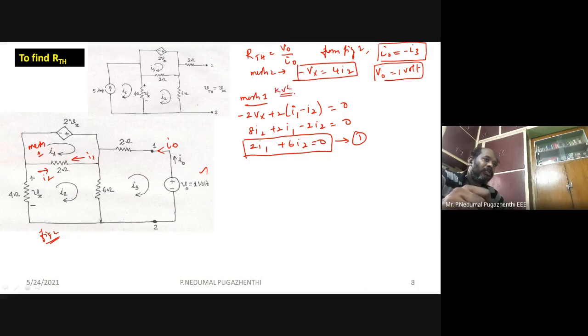All these equations are written based on KVL, which is equal to 0, because the algebraic sum of the voltages will be equal to 0. That is what KVL mentions. I already have the relation minus Vx is equal to 4 into I2, which I got from my second mesh. Substituting that, I get 2 into I1 plus 6 into I2 is equal to 0. Any doubts?